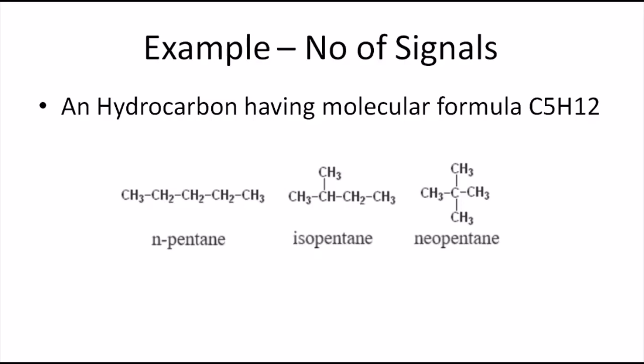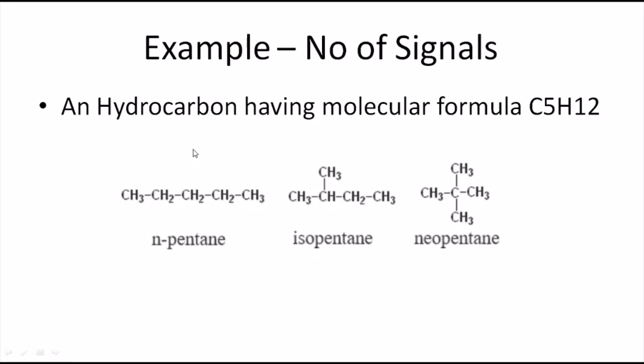And therefore NMR will distinguish between these three molecules. How? The number of signals in NMR can be identified by the symmetry of the molecule. Symmetry of the molecule plays an important role.